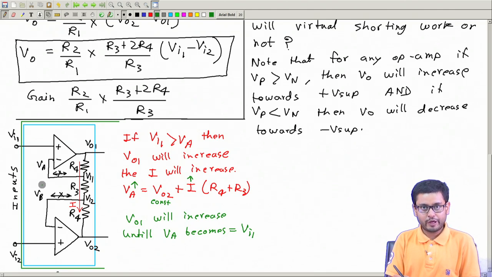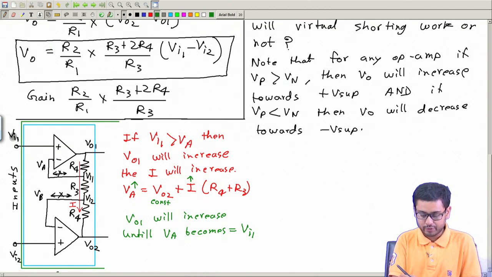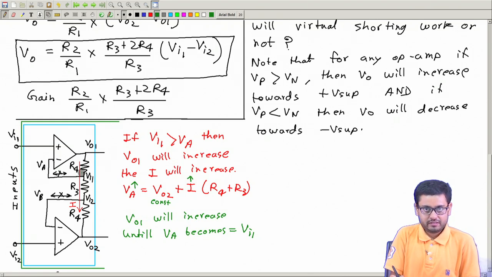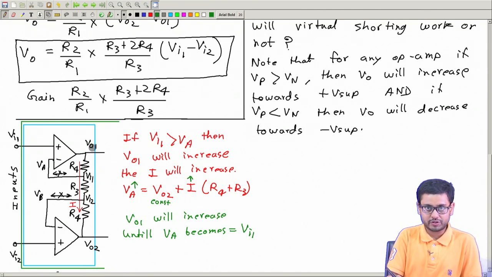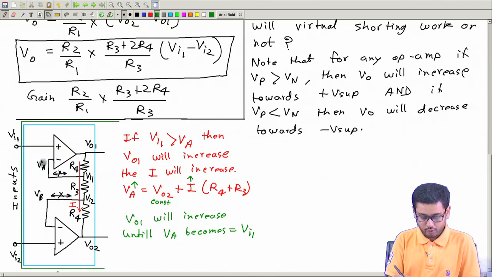In this way, if you change Vi1, the op amp will change its output and will make, as long as possible, this Va equal to Vi1 until it goes to saturation. So, virtual short works. This is because of this negative feedback.